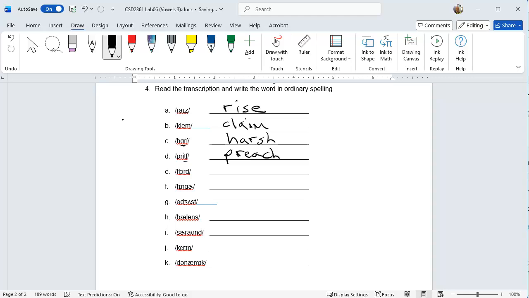Next up, we've got the open O and R combination. That's our OR, R colored vowel, so that's floored. Next up, we've got an ing sequence in there, so that's finger.